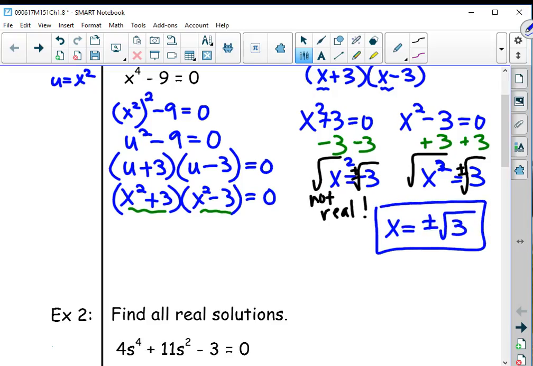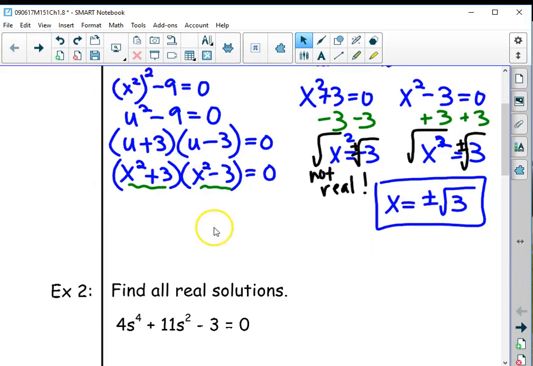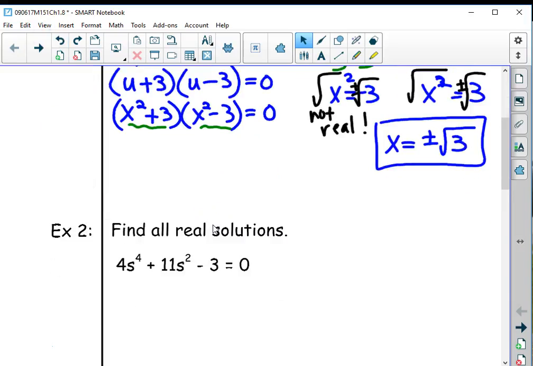And note that if you're solving an x squared plus any number, it's never going to have real solutions. You're always going to, in your solving step, get a negative under the radical. So you don't even have to work with that. I'm just showing you how that turns not real. Okay, moving on to example 2.